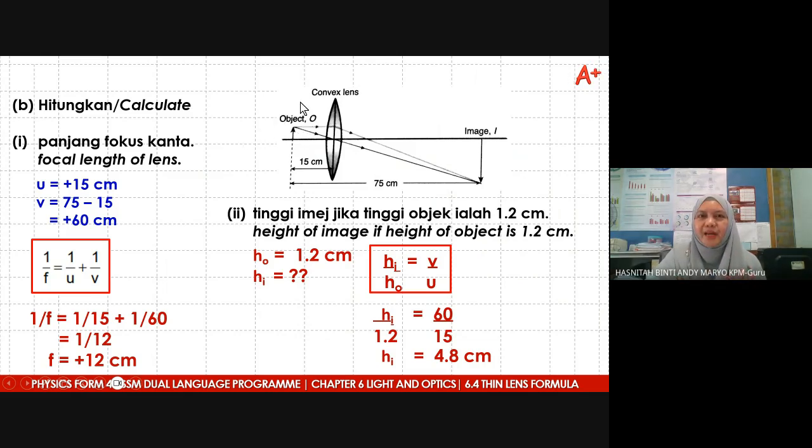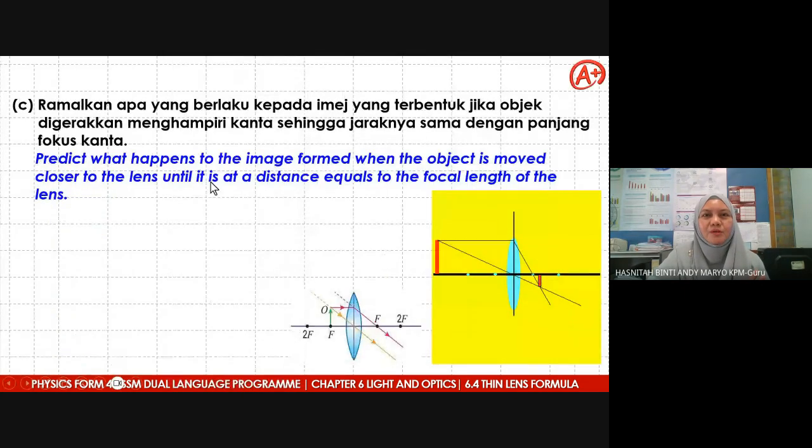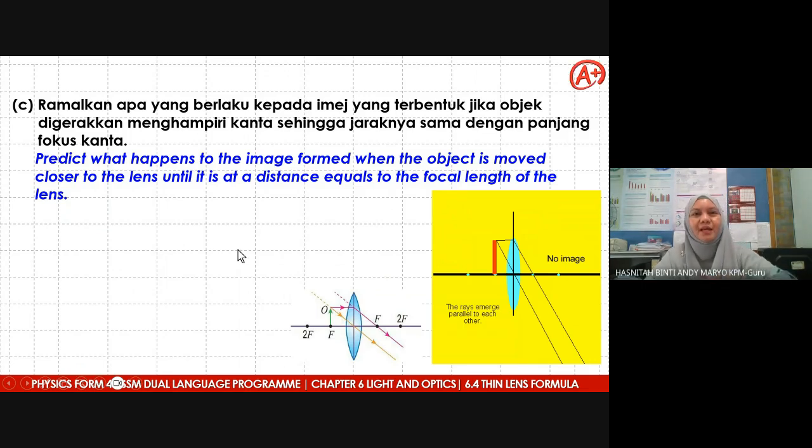So in the third question, we move our object closer until U equals F, meaning U equals 12 centimeter.